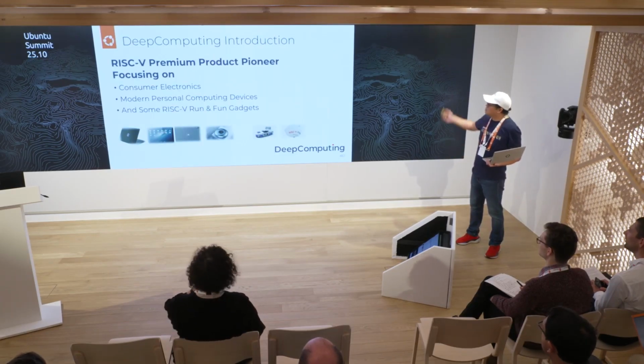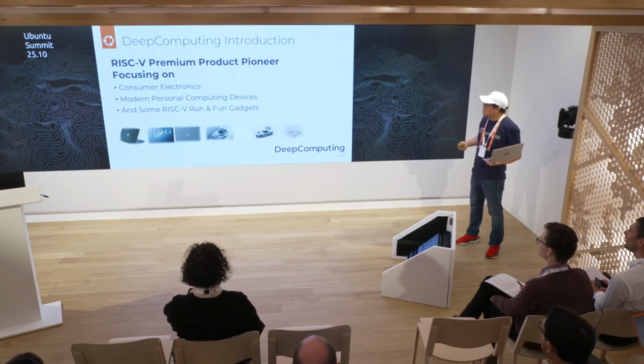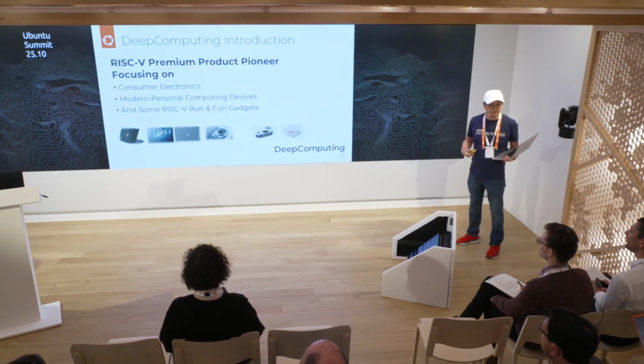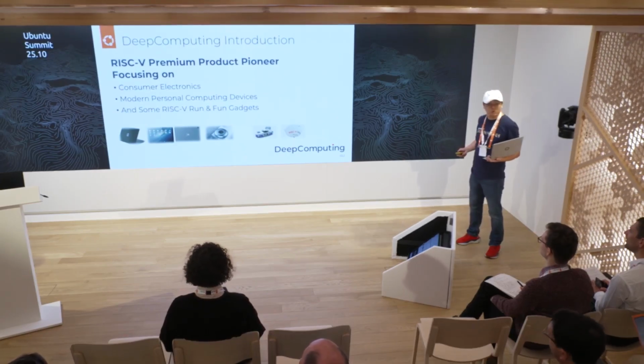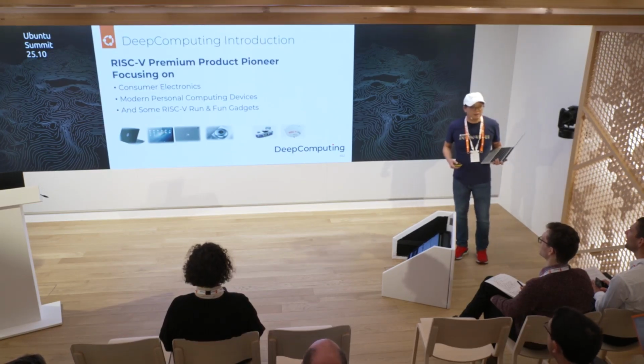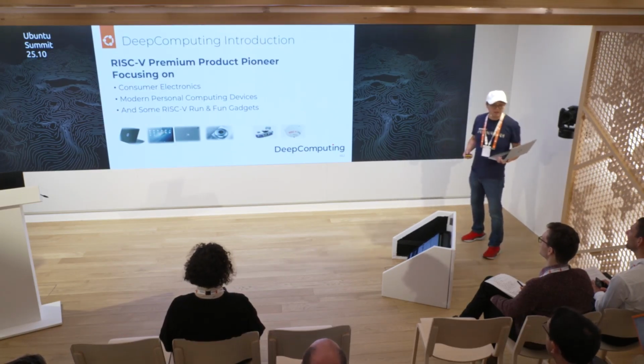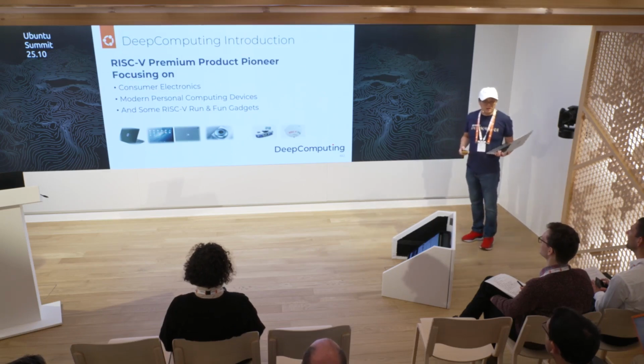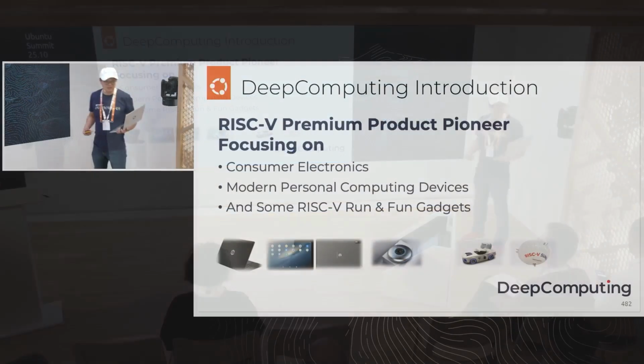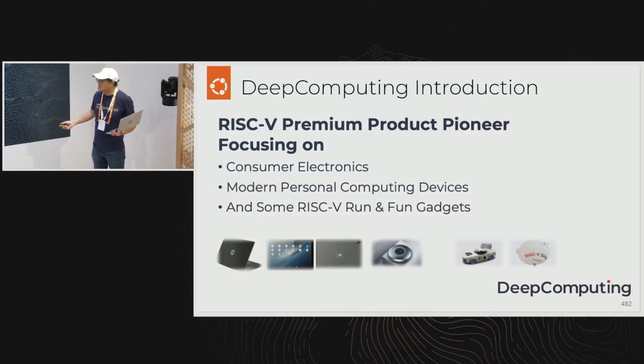So DeepComputing focuses on consumer electronics, and premium ones; we don't do cheap stuff. That's why I don't do the one board. I need somebody to carry RISC-V around the whole day. The one board will just sit on the desk.